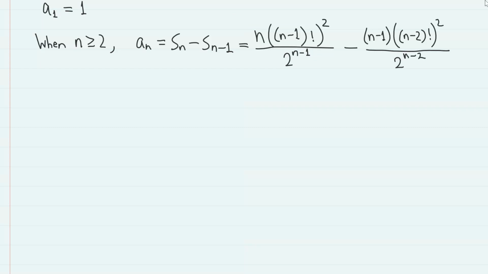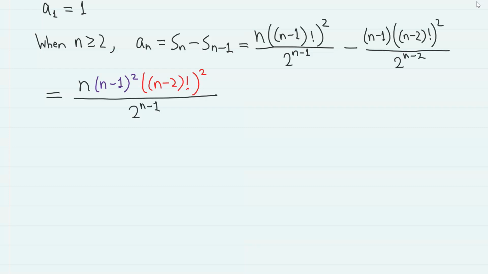Here, in order to make common parts, in the first term, let us write n, then n minus 2 factorial squared, then we will need n minus 1 squared at the outside. So we have this over 2 to the power of n minus 1, and in the second term, we write the same numerator. But in the denominator, let us write 2 to the power of n minus 1 instead of 2 to the power of n minus 2.